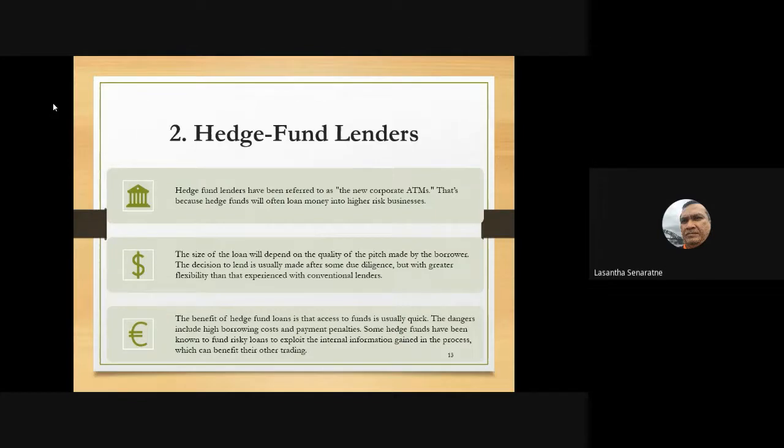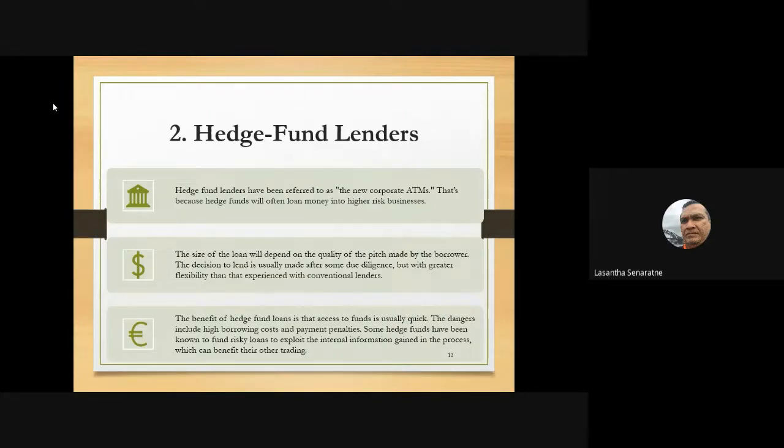Hedge fund lenders have been referred to as the new corporate ATMs, because hedge funds will often loan money into higher risk businesses. The size of the loan will depend on the quality of the pitch made by the borrower. The decision to lend is usually made after some due diligence, but with greater flexibility than the experience with conventional lenders.